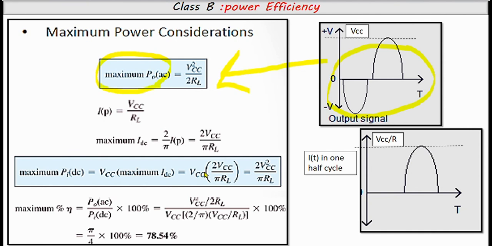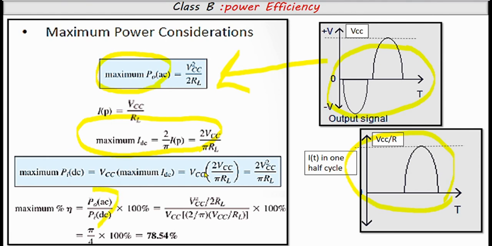Now the input power. Input power depends on the DC current. For a half cycle we will get a half wave, and for another half cycle we will get another half wave of current. So the DC value is 2 upon pi into peak current.